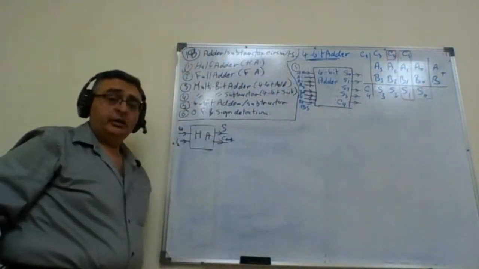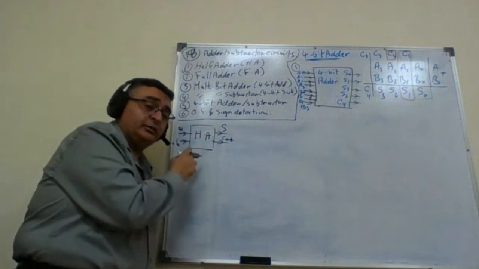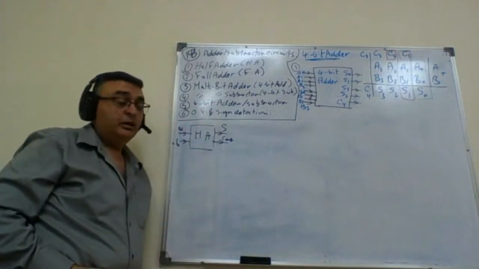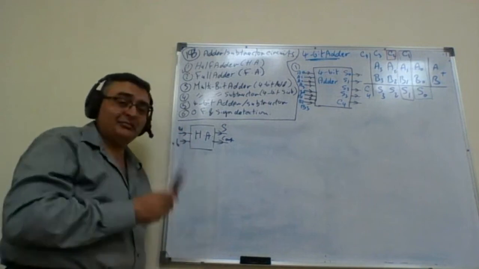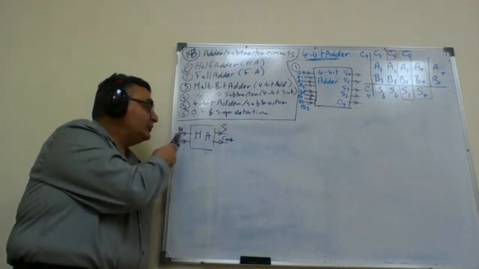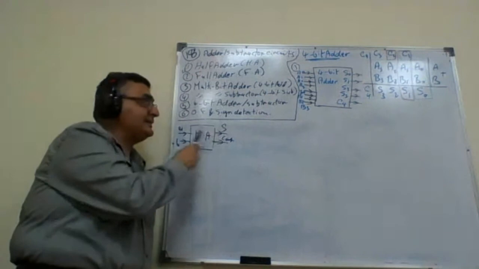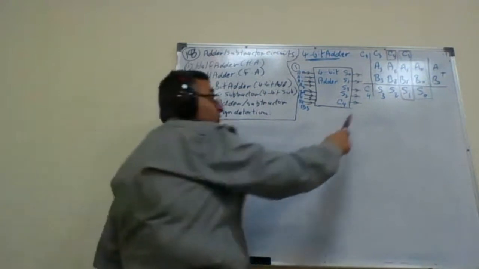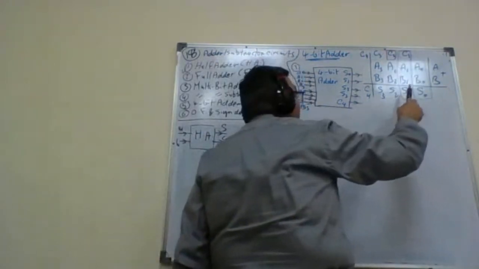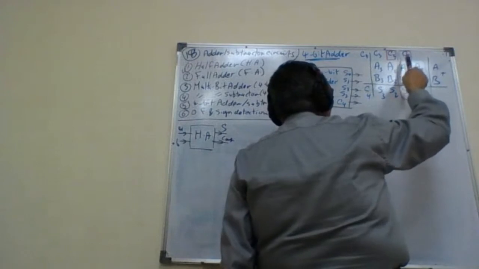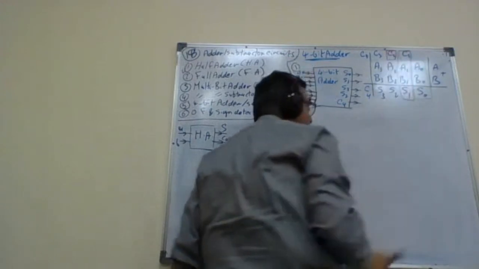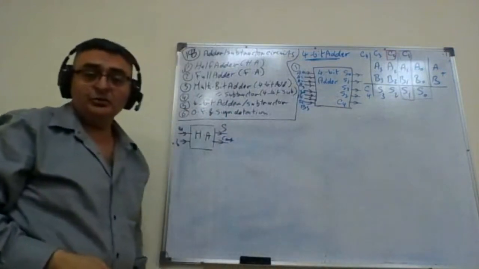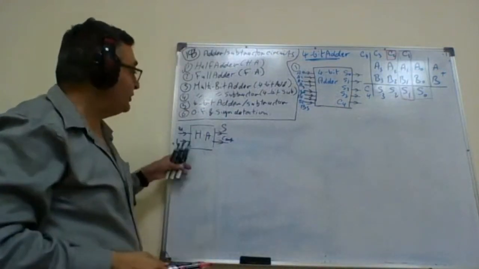The question here, can I use half adder to perform this operation? The answer is definitely no, because half adder by definition adds two bits together and gives me S and C out. While the circuit that I need here should add 3 inputs and give me S and C out as an output. So that's why we cannot use this block.